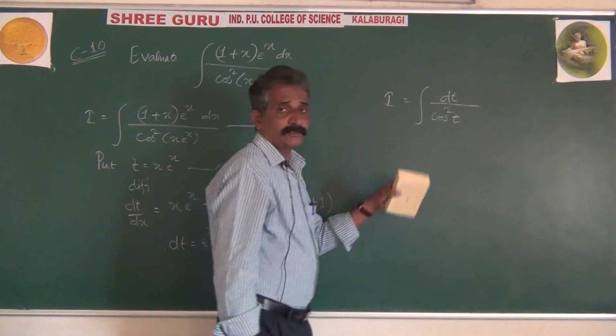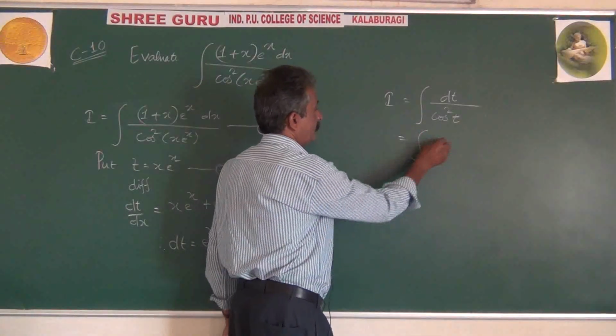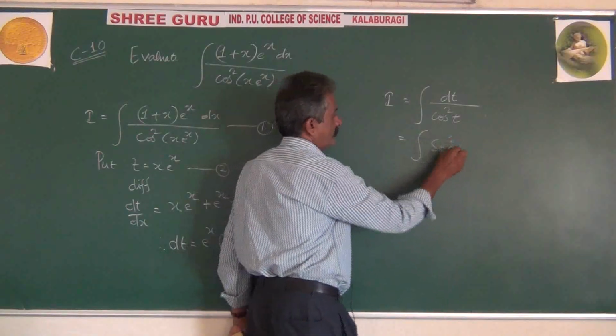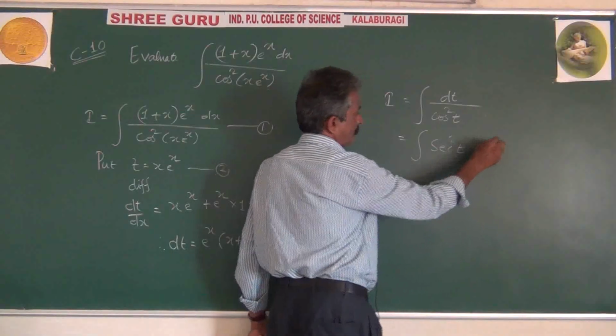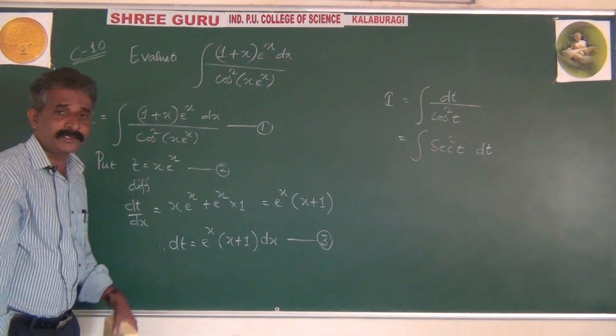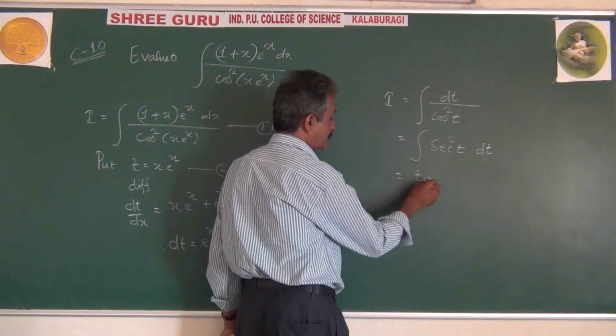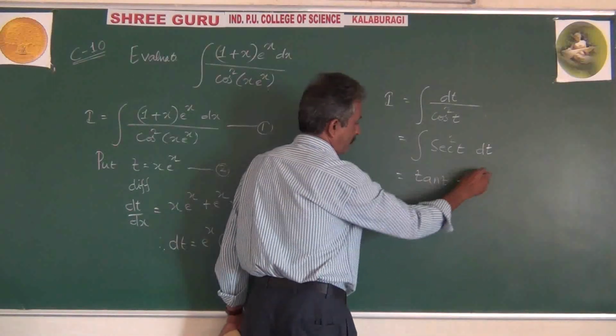It is 1 by cos square t. What is 1 by cos square t? Secant square t. And lastly, what is the integration of secant square t? Directly tan t plus constant k.